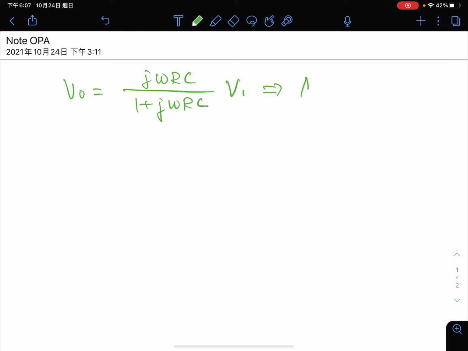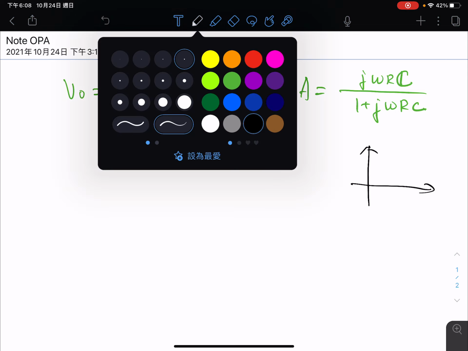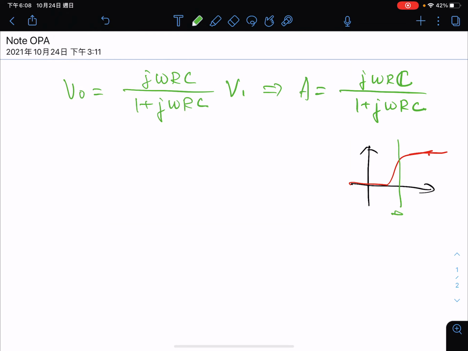So that means the gain will be equal to j omega RC over 1 plus j omega RC, right? We of course already know it's a high pass filter, but the most important thing is to find out first what is the cutoff frequency. We call this one the cutoff frequency, as we stated before. And then the order.